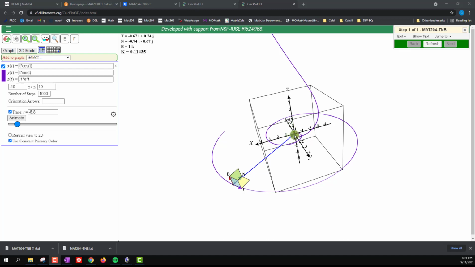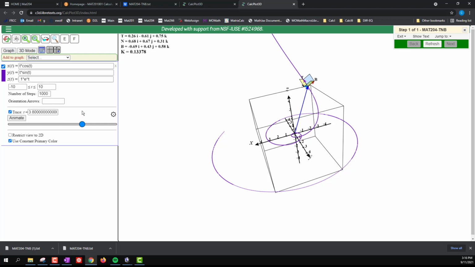So rather than using i, j, k to describe your vectors, you use T, N, B, and you build this moving three-dimensional coordinate system that moves along the curve. That's the essence, that's the purpose of studying this TNB frame. We will not be doing a whole lot of that in this course.